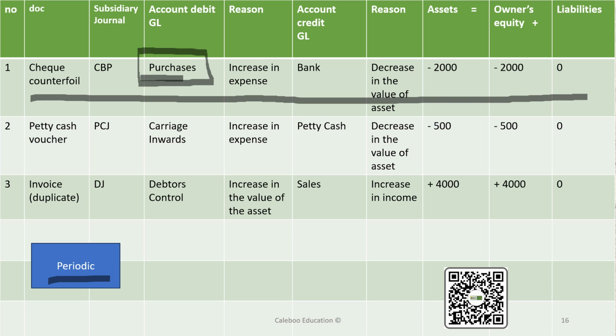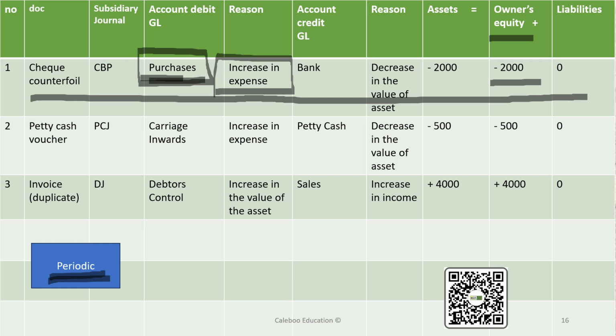So the purchase of stock was made, and in the periodic inventory system, not trading inventory account is used, but purchases. And the purchases account is treated as an expense. And what does an expense do to the owner's equity? It decreases the owner's equity.